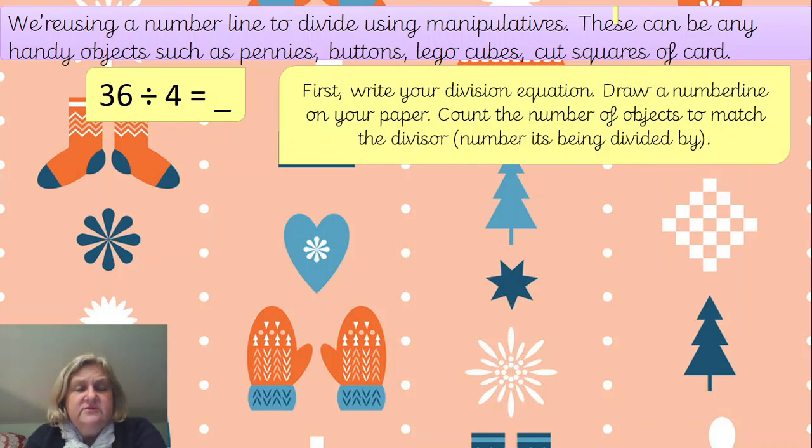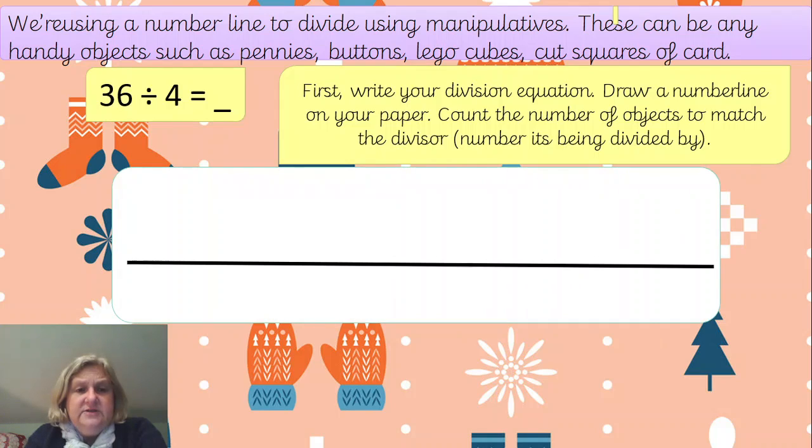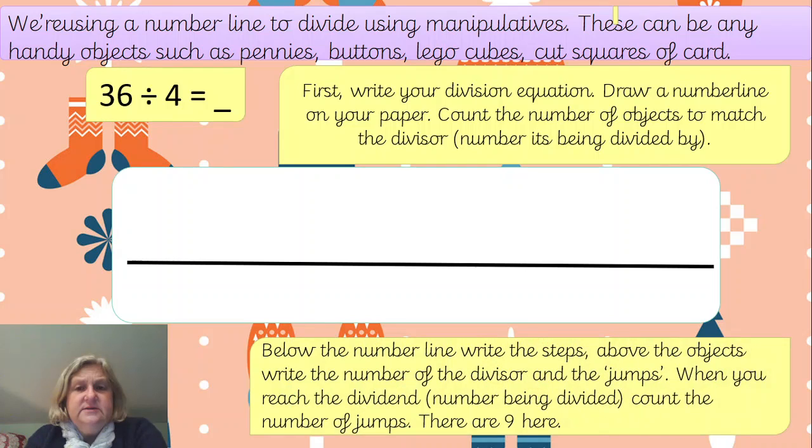So you're going to write down your division sum, and you're going to write or draw a number line onto your paper, and you are going to count your objects up in 4s for this sum.